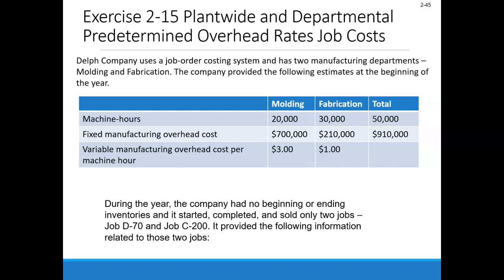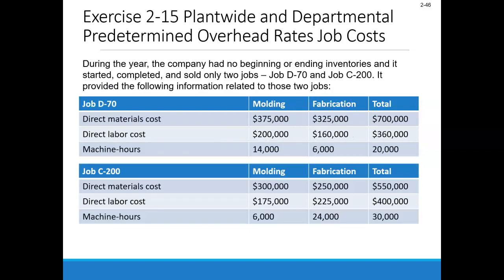During the year, the company had no beginning or ending inventories, and it completed only 2 jobs. Here's the information for job D70 and job C200. So we see here machine hours for the molding department and the machine hours for the fabrication.